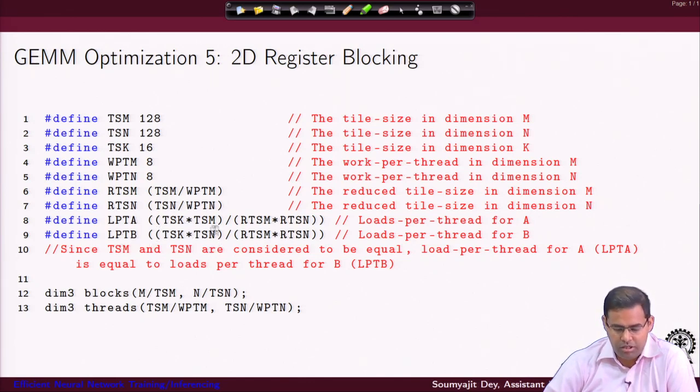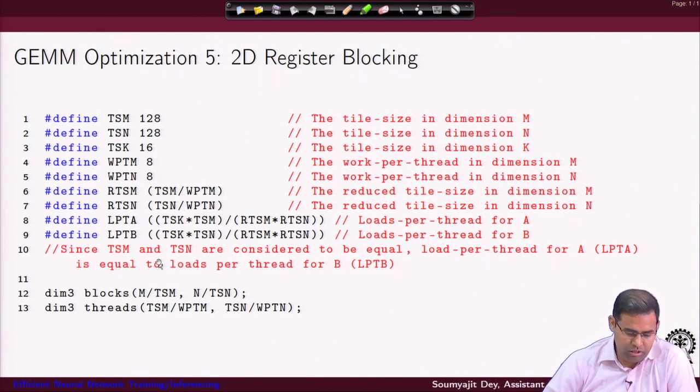Well, you consider the original tile size in dimension k and tile size in dimension n for the matrix B, and you divide it by the reduced tile sizes, right. So, essentially you are dividing the original tile size by the reduced tile size, and that gives you the amount of loads that a thread has to do for A, and similarly the amount of load a thread has to do for B, right. So, since TSM and TSN are considered to be equal in our case, the loads per thread for matrix A, LPTA, and for matrix B, LPTB, are going to be the same, right.